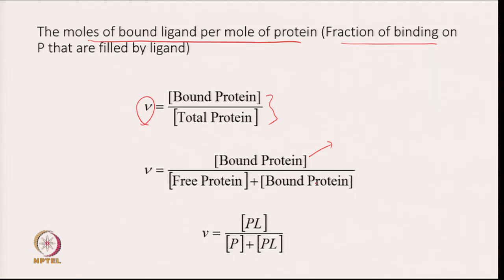So, when you add ligand, some of the protein will go to bound state, the remaining protein will be in free state, and so total protein is free protein plus bound protein. So, nu is given by PL, which tells you about the concentration of bound protein, divided by P plus PL. P is protein in free state and this PL denotes the protein which is in complex with ligand.